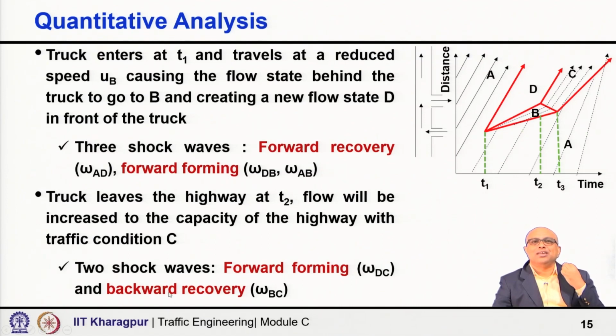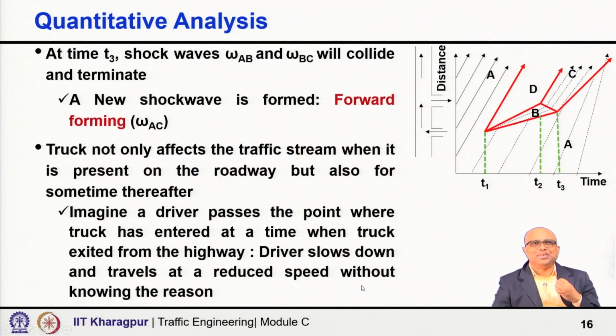Now the truck has left the main road and gone to the side road or minor road. Again this will create 2 shock waves. One is a forward forming shock wave between traffic state D and C with a speed omega DC, and a backward recovery shock wave between traffic state B and traffic state C with a speed of omega BC.